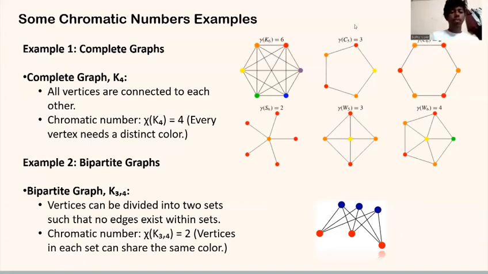Until now we have discussed what chromatic numbers are, but what are chromatic graphs? If a graph is K colorable but not K minus one colorable, those graphs are called chromatic graphs. In those graphs, we can color the graph with K colors but not with K minus one colors.